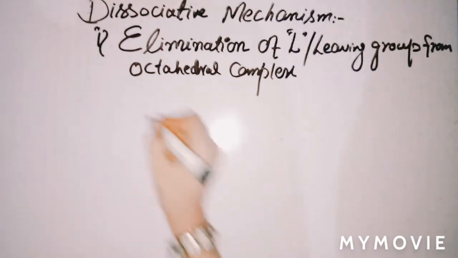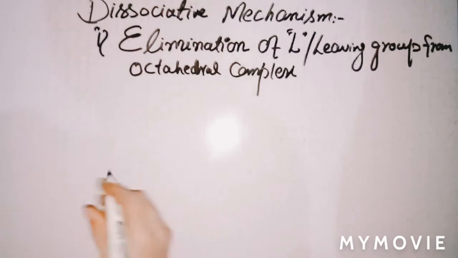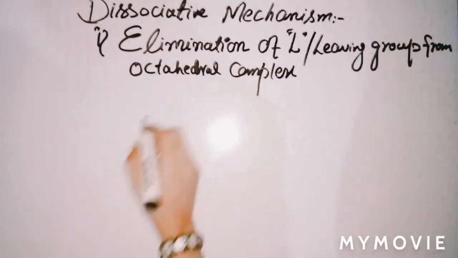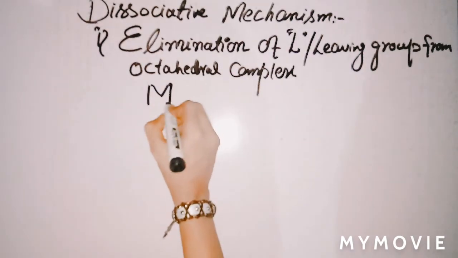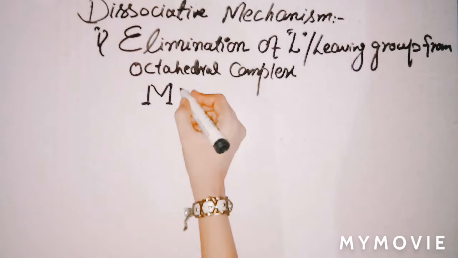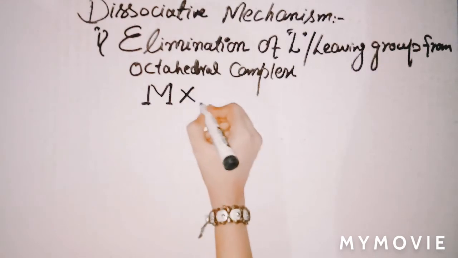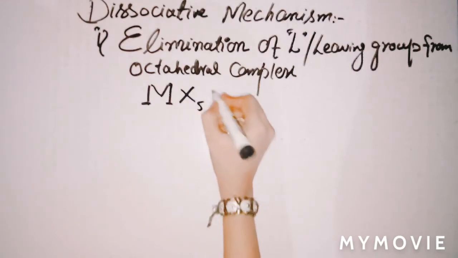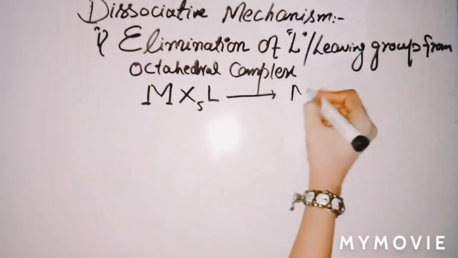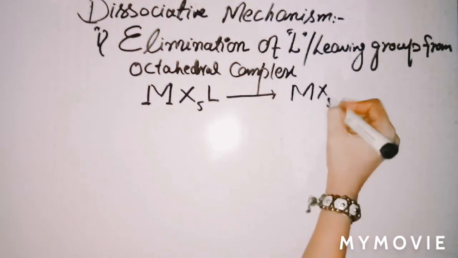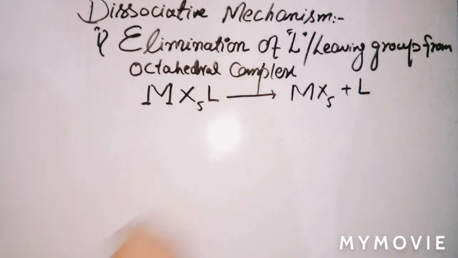That will be represented as, let's suppose we have octahedral complex MX5L, the leaving group leaves, and we get MX5 plus L.